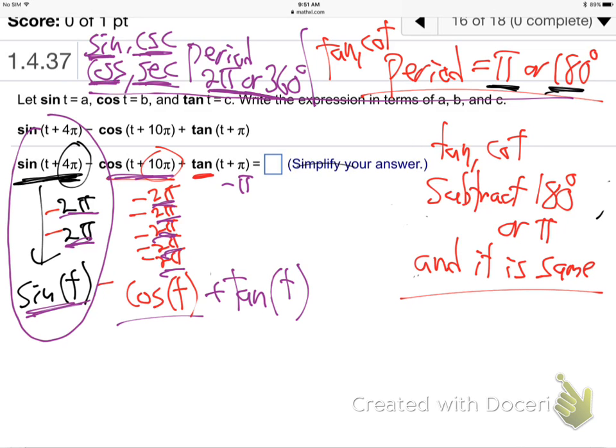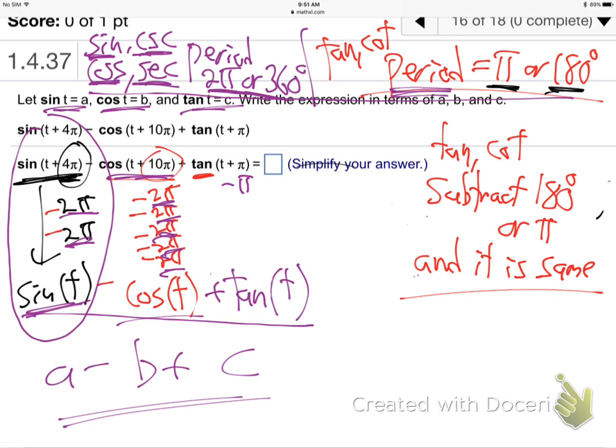That's his period. All right, so I get to here, and then I just put in the new names. A is sine, B is cosine, C is tangent. So A minus B plus C, done. Are we good there?